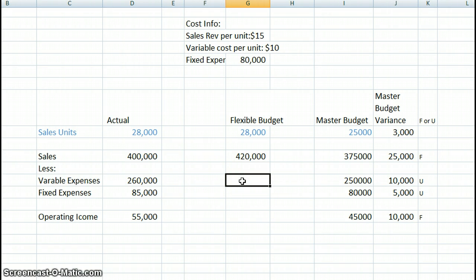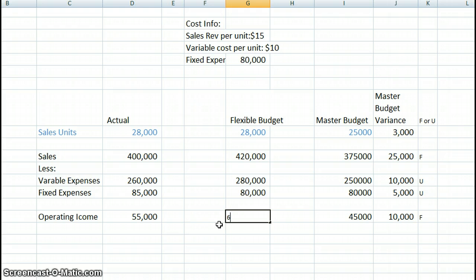Your variable expenses were $10 a unit, so you can calculate your variable expenses to be 28,000 times $10, or 280,000. Your fixed expenses were budgeted to be 80,000. You know that with changes in volume within your relevant range, your fixed expenses remain constant. So your fixed expenses are going to be 80,000 as well.